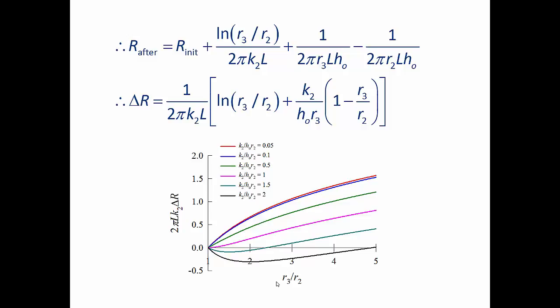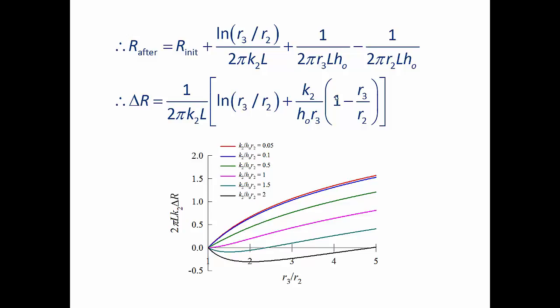I can compare those two equations and say that R after, so R with the insulation, equals the initial case plus this term which related to the inner and outer radius of the insulating layer, plus the convective term that related to the outside, minus the convective term that was initially present on the initial resistance. Delta R is then just the difference between these two equations, and I've normalized it very slightly.